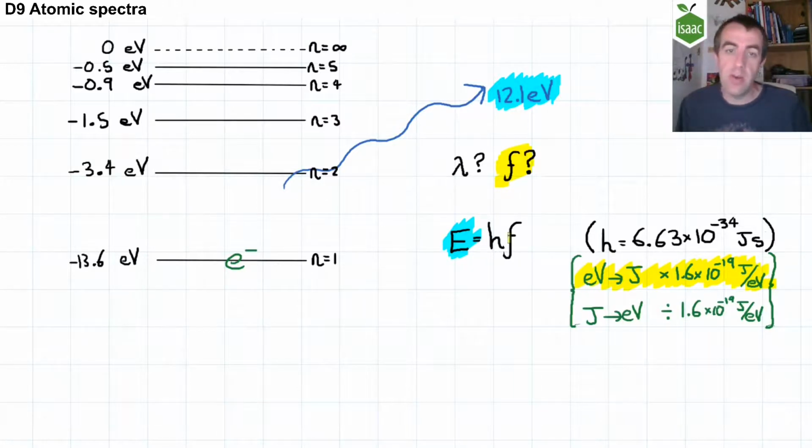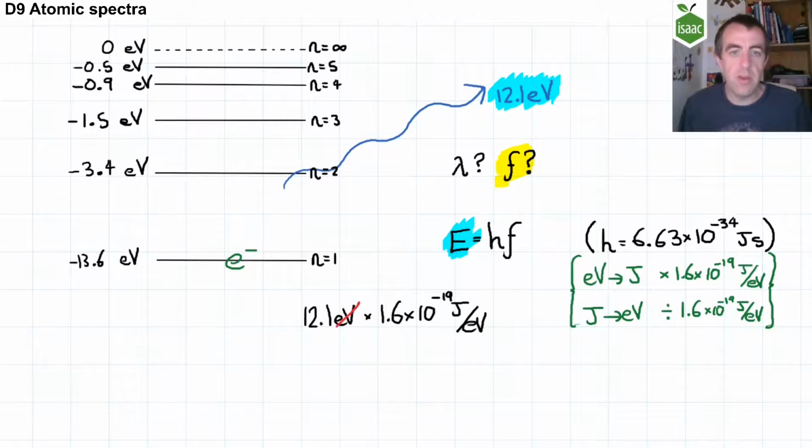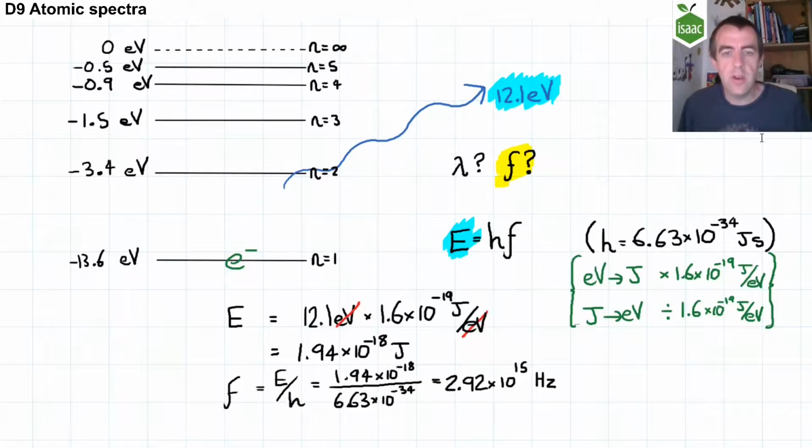Alternatively, if you want to convert from joules to electron volts, you would divide by 1.6 times 10 to the negative 19. So step 1 was to convert the energy into joules, which is 1.94 times 10 to the negative 18 joules, and step 2 is divide that by h in order to get the frequency, which is 2.92 times 10 to the 15 Hertz, or 2.92 petahertz.